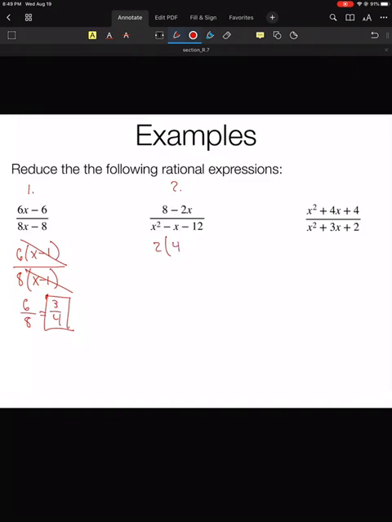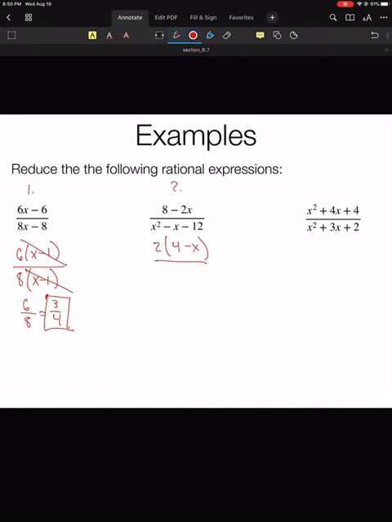Well, that's 4 minus x. So that is sort of simplifying the top. Simplifying the bottom is a bit trickier. This may be something that you struggled with, or maybe something that you have a good grasp of. Hopefully you have a good grasp of it, but if you don't, that's okay. All right, x squared minus x minus 12.